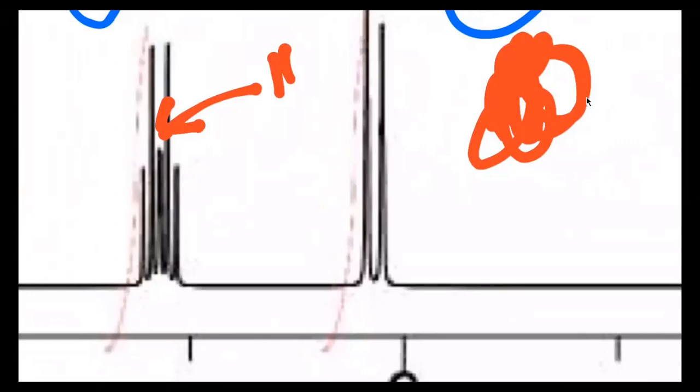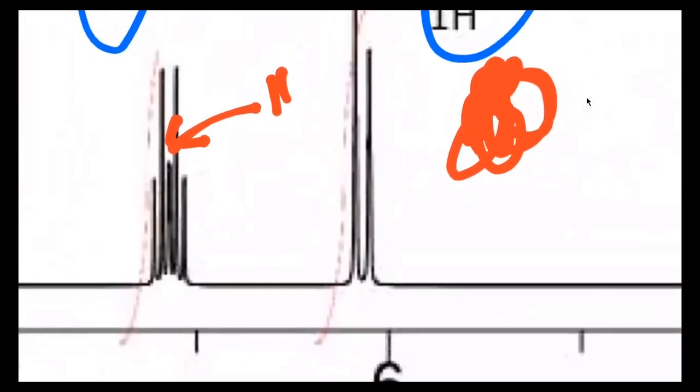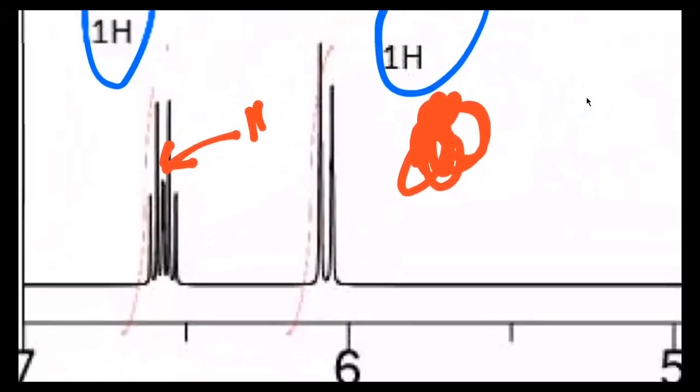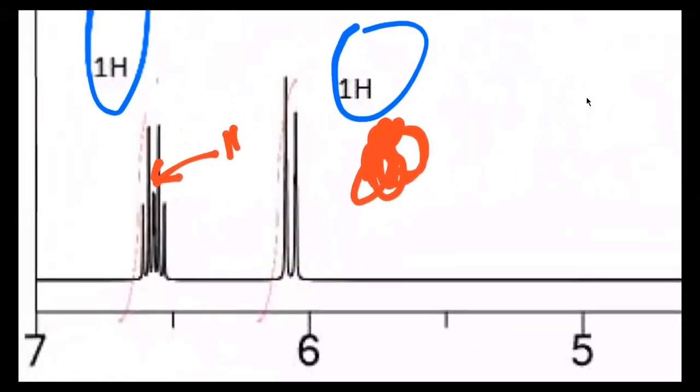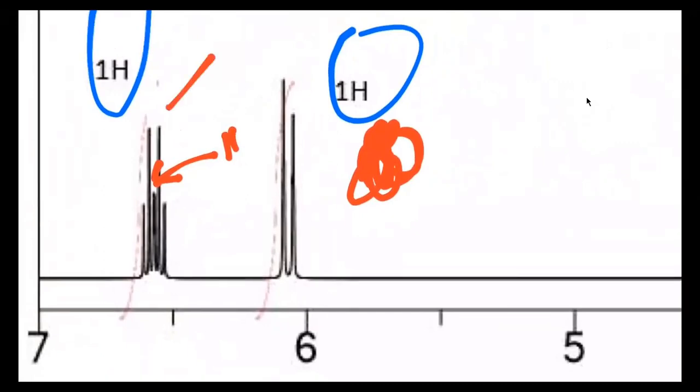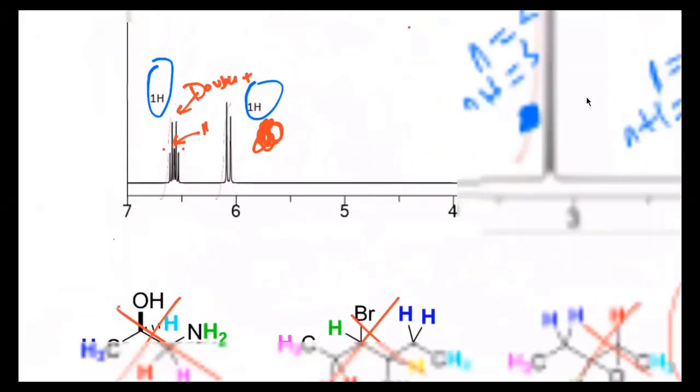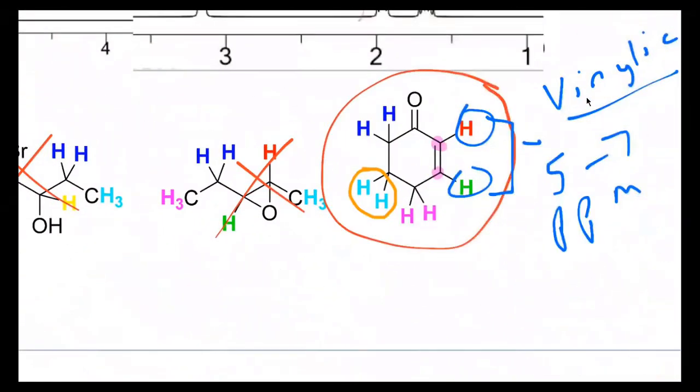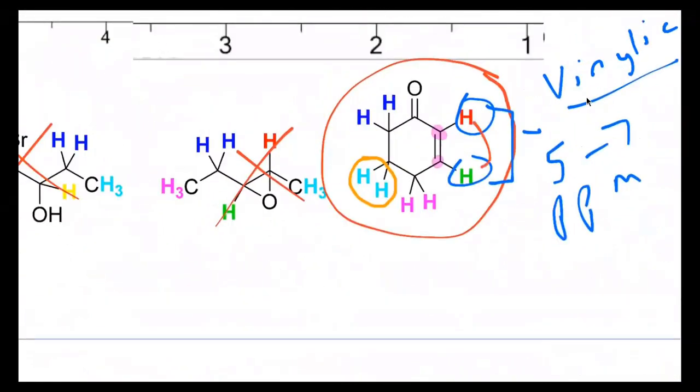I can see it, but I know the resolution is bad. But if you look at the overall signal, what you really see is the middle 2 lines look like a doublet, and then the outer 2 lines look like a quartet. So it's a complex splitting pattern. It's going to split with this one, and it'll split with those 2, and it'll do it separately.